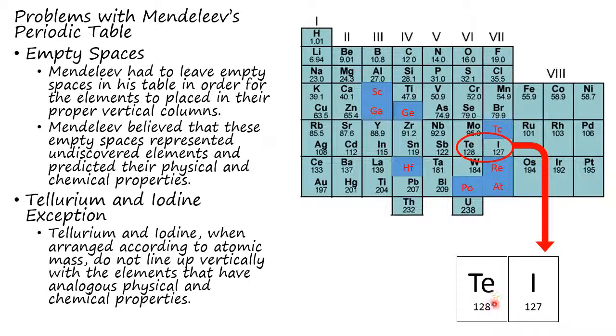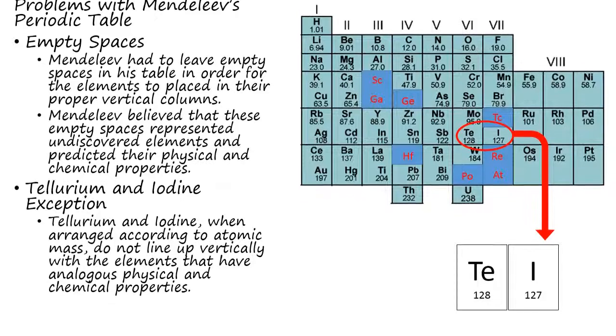So again, tellurium has an atomic mass of 128 and iodine has a mass of 127. So they should technically be switched, although they react similarly to the elements in the columns in which they are placed. And so that was the exception to Mendeleev's system for organizing the elements on the periodic table.